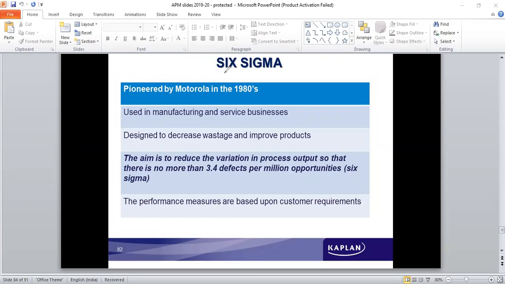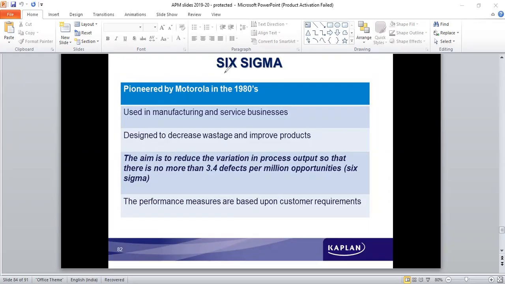So this 3 sigma is further extended till 6 sigma. So x bar plus 6 sigma is an area which is covered by 99.9999%. Here the acceptable region is x bar plus 6 sigma, which means that very few fall outside the acceptable region.